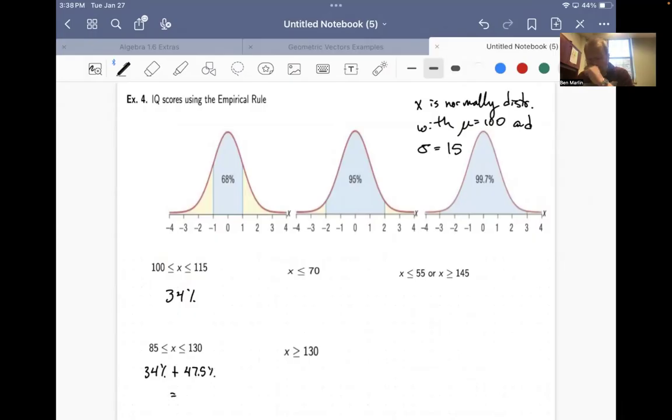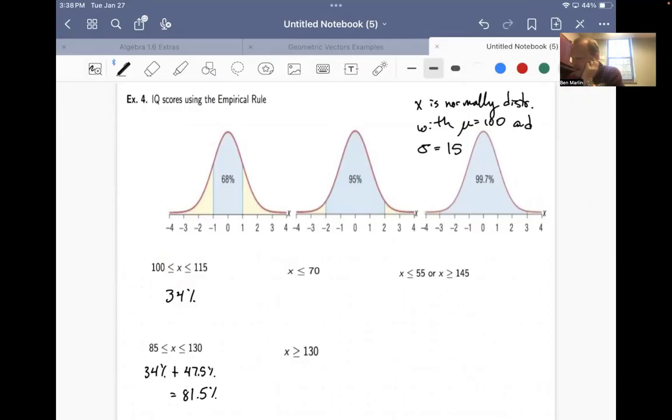When you add those together, you get 81.5% by taking those two halves. So for any of these questions where it's a multiple of 15 going up or down, you're going to be able to split the difference and figure out these sorts of things.